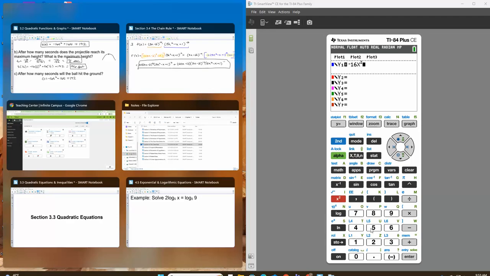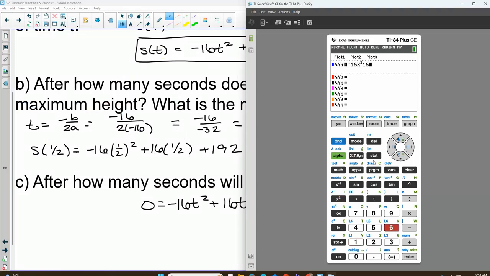I'm not doing what I want. Okay. Now, if I'm trying to find this on my calculator, we have to adjust the window a little bit. Mainly the y's. Right now, the highest point is 10, but we already know from our vertex what's the maximum height we're going to go to. 196.